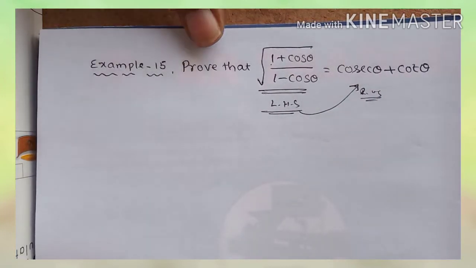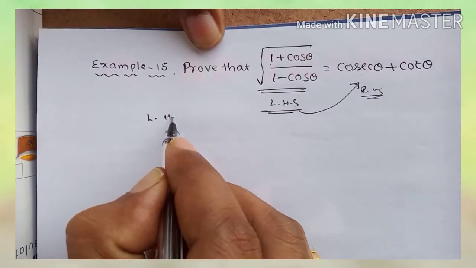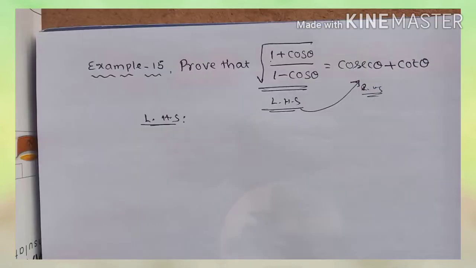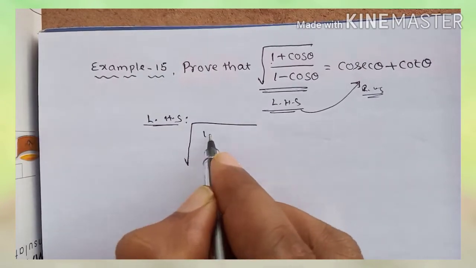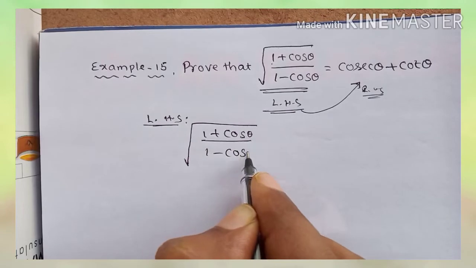Let's see what the method is here. Easy method: we have to take the LHS part. Root of (1 plus cos theta) by (1 minus cos theta).